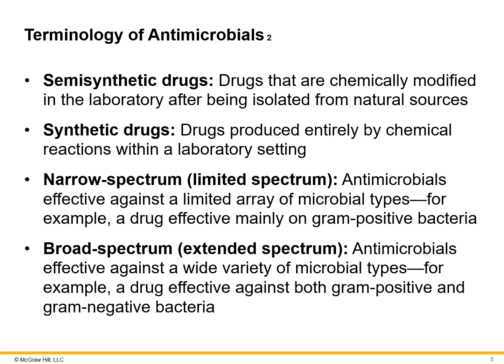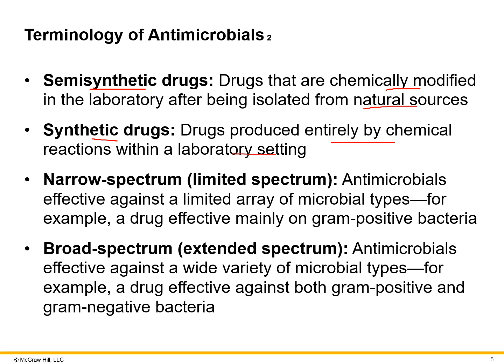Some more terms, semi-synthetic drugs. These have been chemically modified. They were originally isolated from a natural source, like an antibiotic, but then slightly modified in the lab, so it's like half synthetic, half natural. Whereas synthetic would be entirely chemically produced in a laboratory setting.